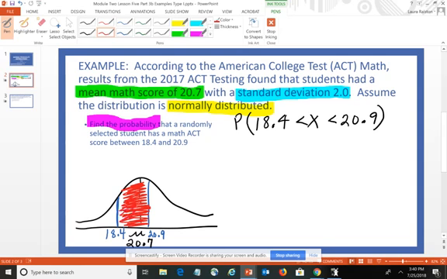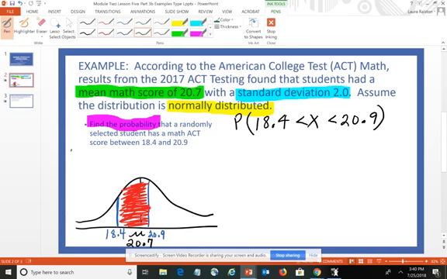The difference between this one and the others we've looked at already is we have a definite start point and a definite ending point, as opposed to having a start value and going to infinity or negative infinity. Again, we're going to use the normal CDF command because we're asked to find the probability.